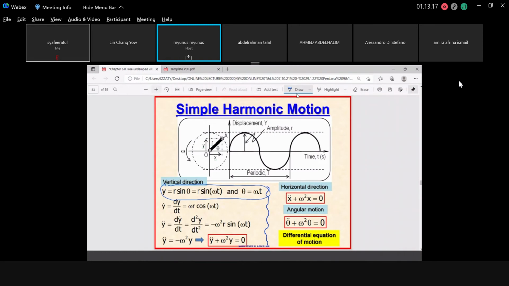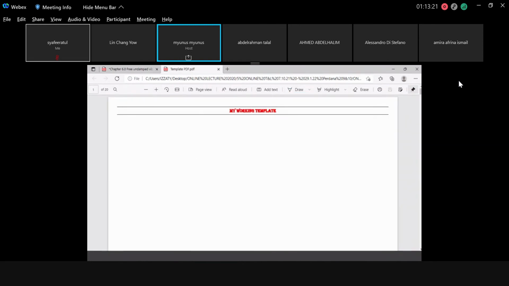Put it in a simple manner: y is equal to Y sine omega t, if we say that r equals Y. Just now you had y equal to r sine omega t, isn't it? So put it here, y naught is a big Y sine omega t.